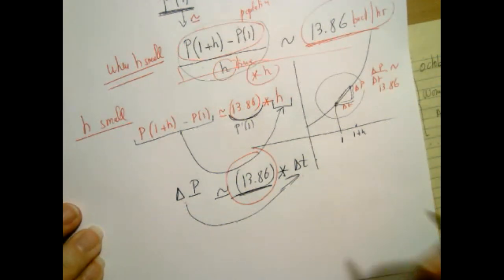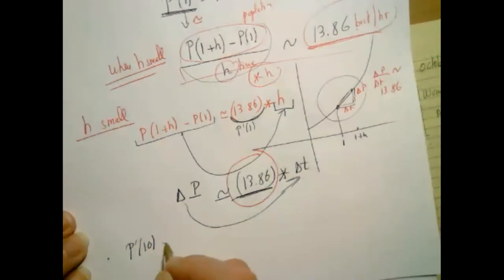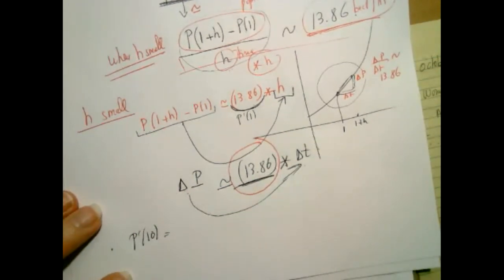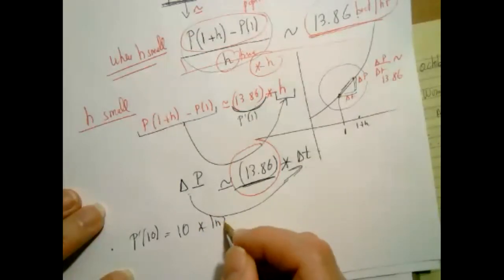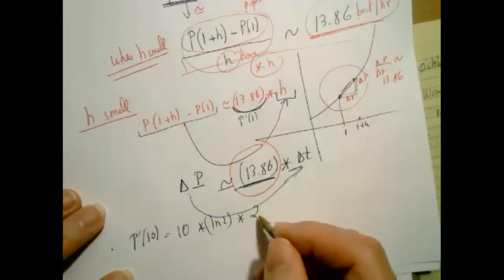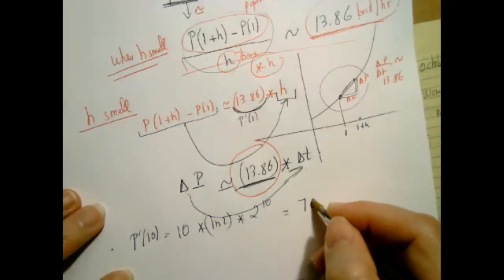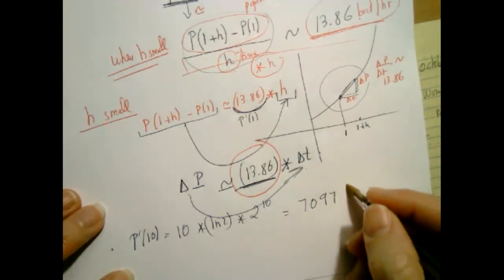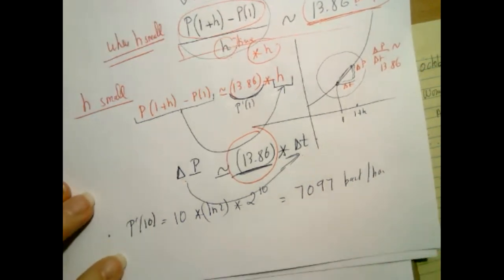So suppose I tell you to find p prime of 10. If I find it, I will get 10 times the ln of 2 times 2 to the power 10. And if I plug in all those numbers, I will get 7,097 bacteria per hour. What does this mean to you?